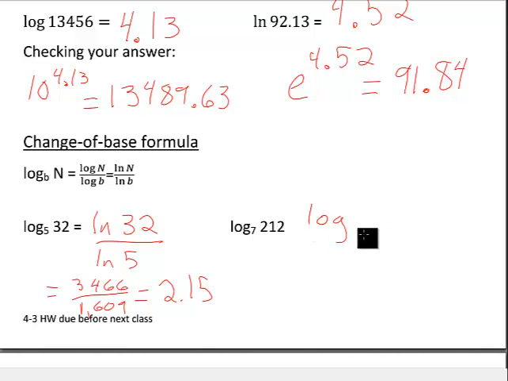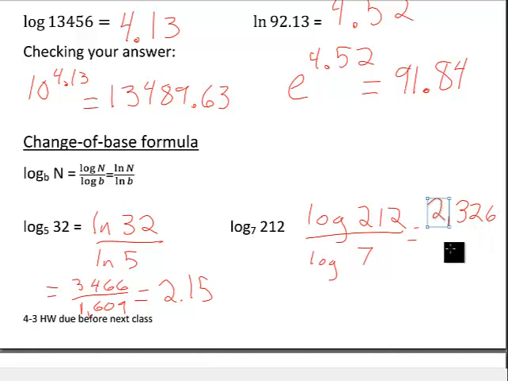We're going to take the log of the input into the log function divided by the log of 7. So here, if I do that, I get 2.326, that dash is a decimal, not a comma, over 0.845. Okay?